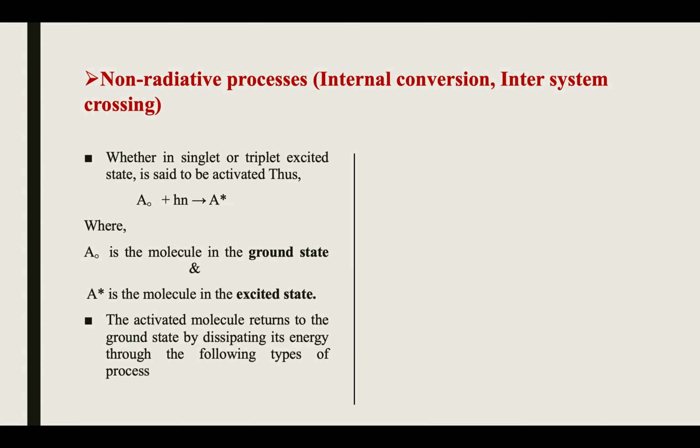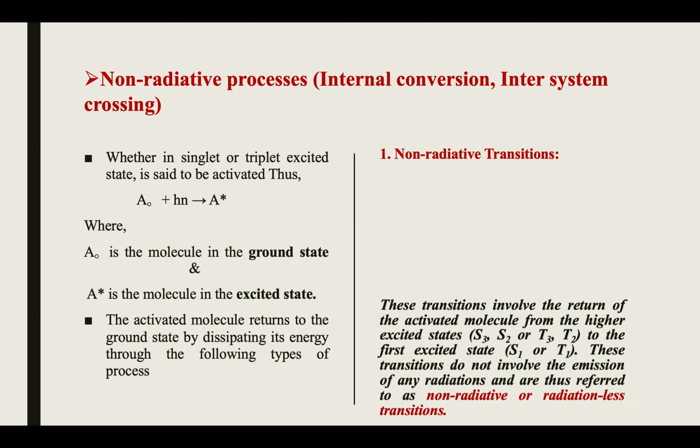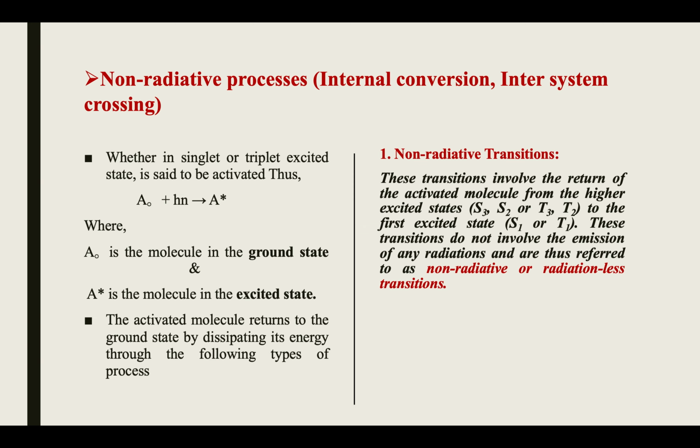The activated molecule returns to the ground state by dissipating its energy through the following types of processes. From the excited state to the ground state, it has various pathways. Among them are non-radiative pathways, which we call non-radiative transitions. So what happens in this transition?